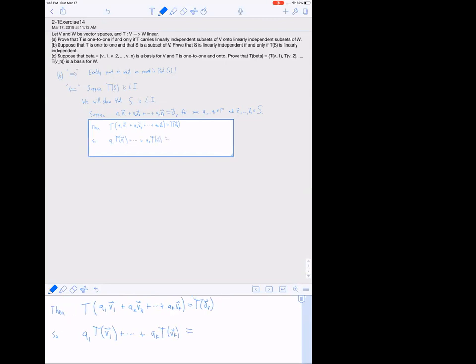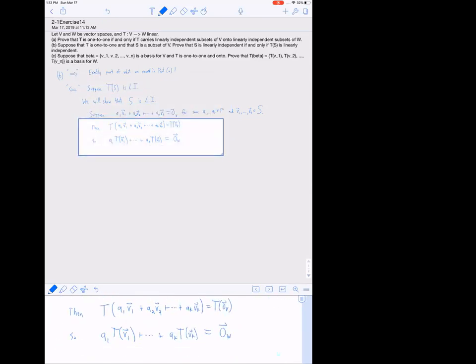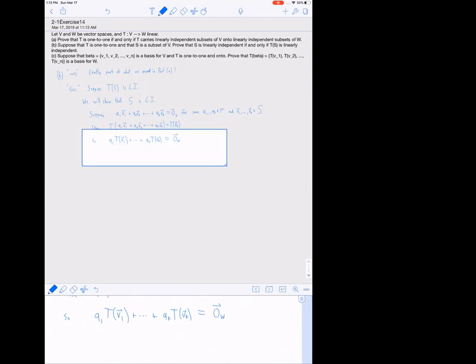And we know that a linear transformation sends the zero vector from V to the zero vector from W. So now we actually have a linear combination involving the vectors T of S equal to the zero vector. Since T of S is linearly independent, each of the coefficients in this expression must be 0.